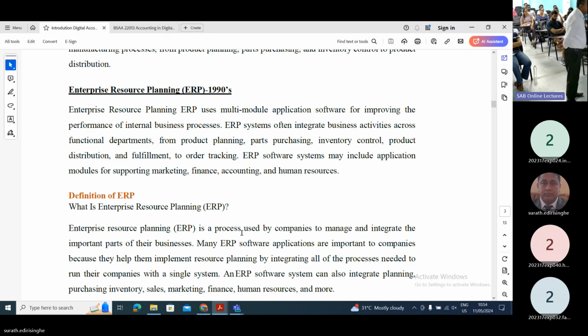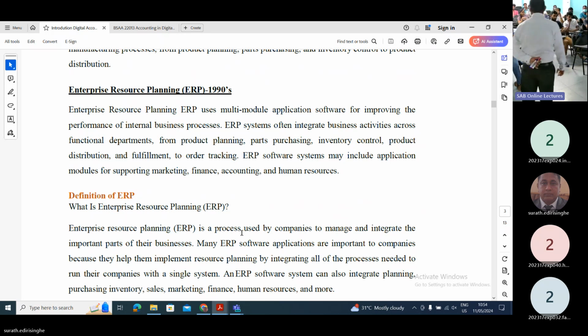An ERP system normally integrates business activities across the different departments. What are the departments? Product planning is one function. Purchase, inventory control, production, everything is in the previous components, so MRP1, MRP2, inventory package. Further, ERP includes different modules for marketing, finance, accounting, and human resources.